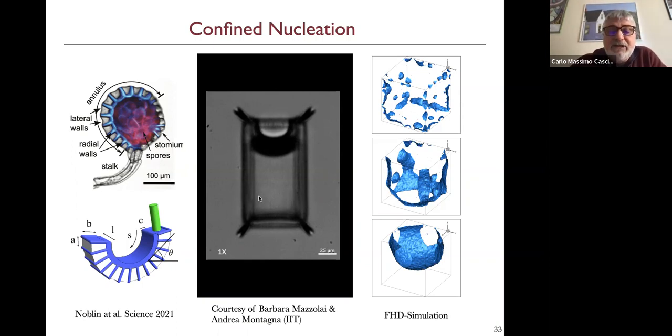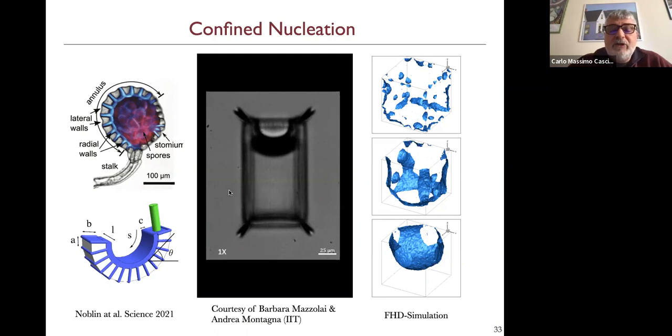What you see in the middle is a movie taken from an experimental model built by one of my former students, Andrea Montagna, in collaboration with Professor Barbara Mazzolai, in which, by using two-photon microscopy, they were able to build an elementary model of one of these chambers.